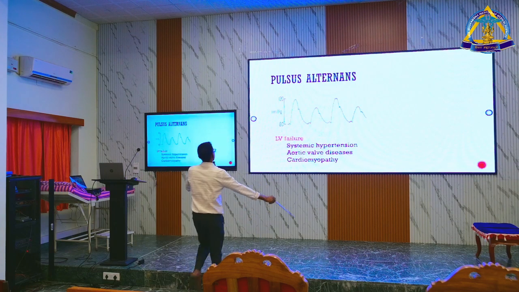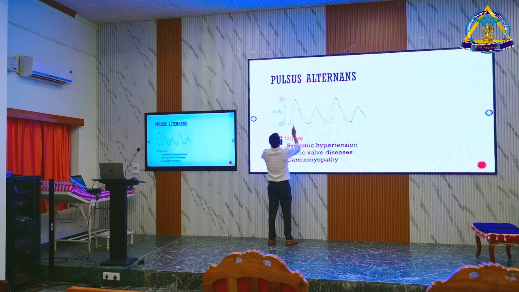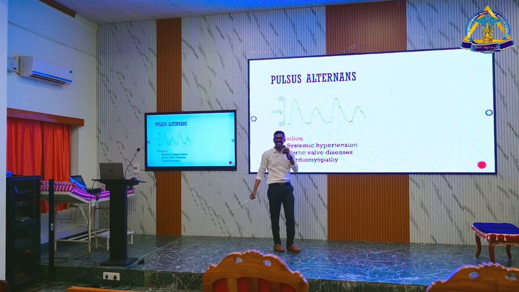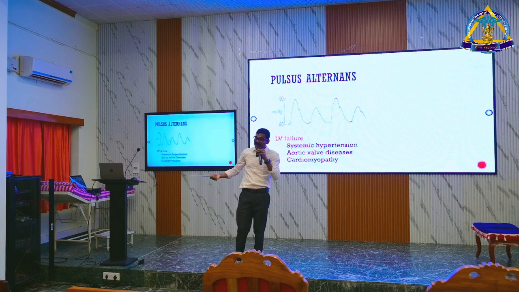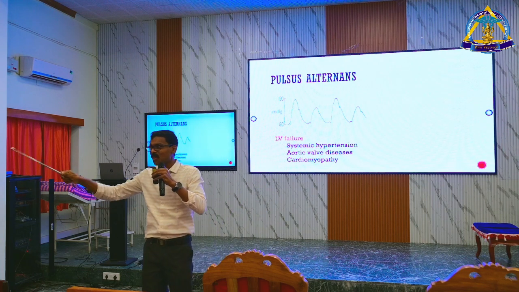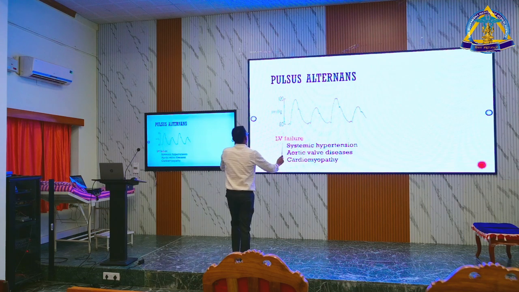Pulsus alternans. You see the graph. One beat produces almost 120 millimeters of mercury pressure. The second beat is around, maybe some 100. So this may not be felt as a pulse even. Or you may feel strong, weak pulses. So this is mainly due to LV failure.